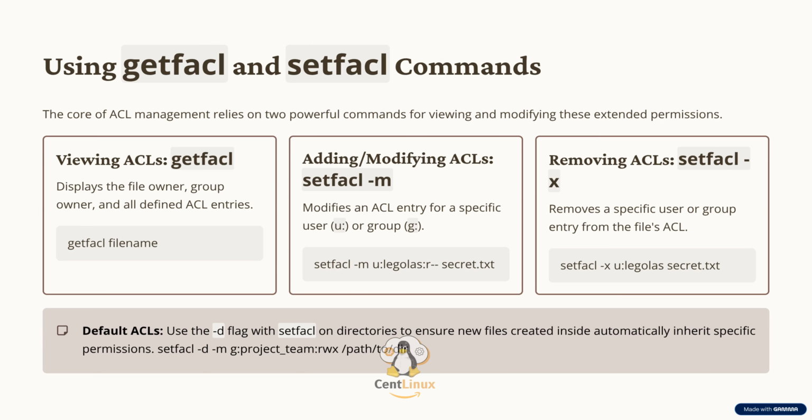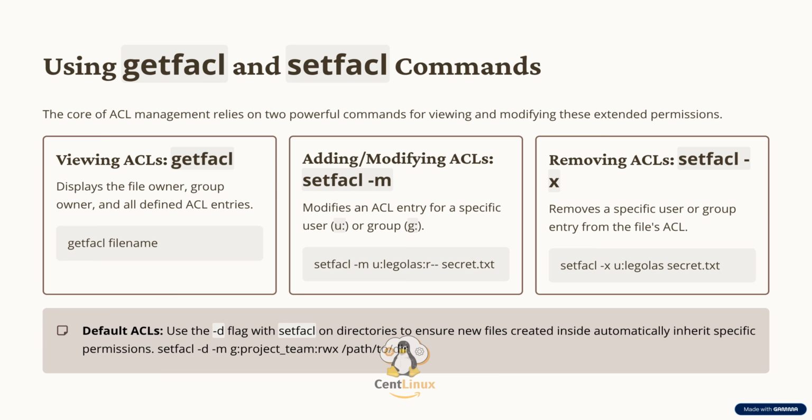Example, setfacl -m u:legolas:r secret.txt. This grants user Legolas read-only access. setfacl -x removes an ACL entry. Example, setfacl -x u:legolas secret.txt.